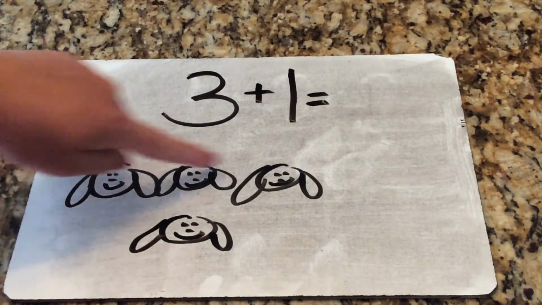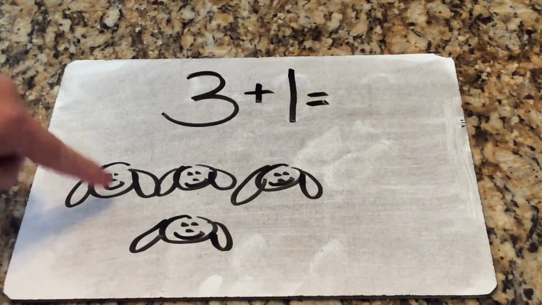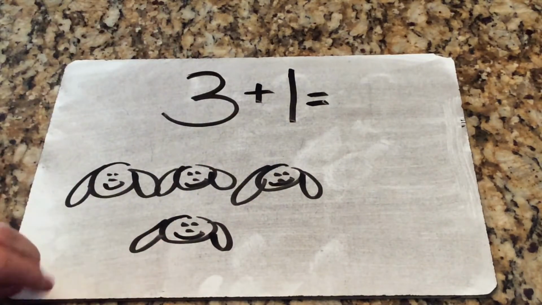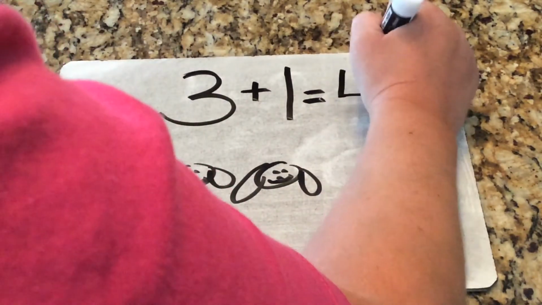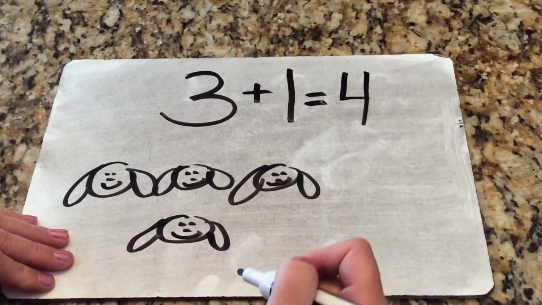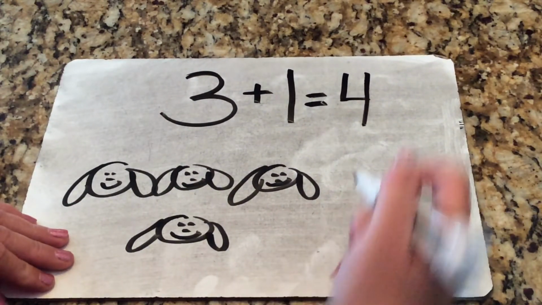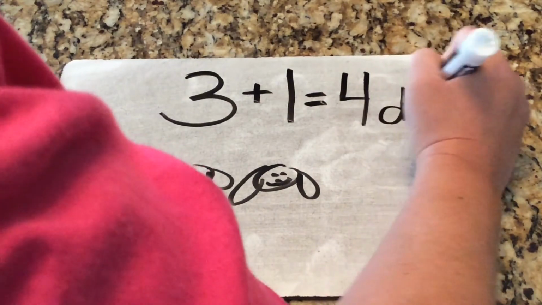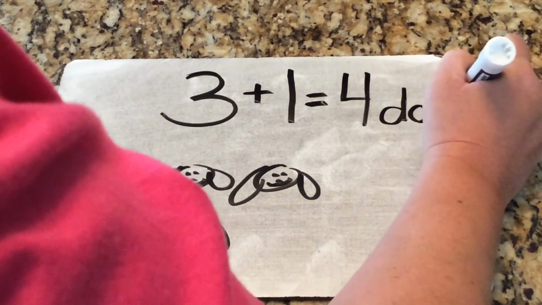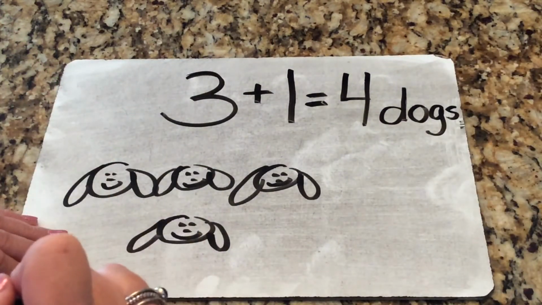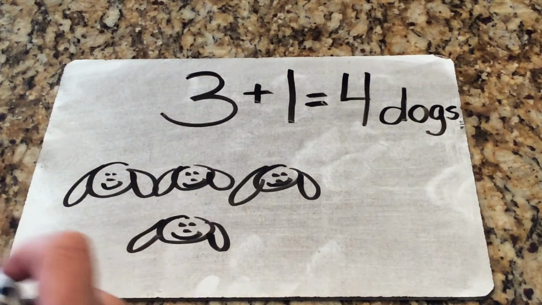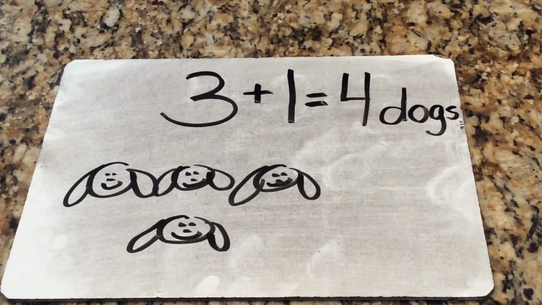There were the 3 original. And there's 1 more. 3, 4. 4, and what are we talking about? I should not write flowers this time. Dogs. D-O-G-S. 3 dogs in all. Or I'm sorry, 4 dogs in all. We started with 3. We added 1 more. 4 dogs in all.